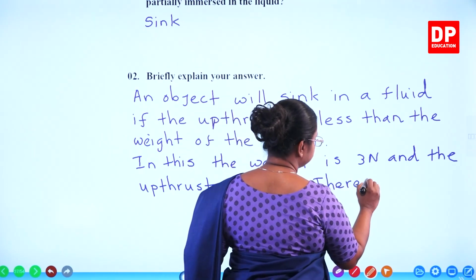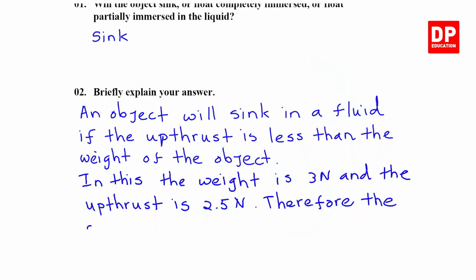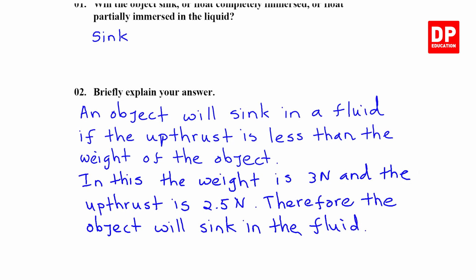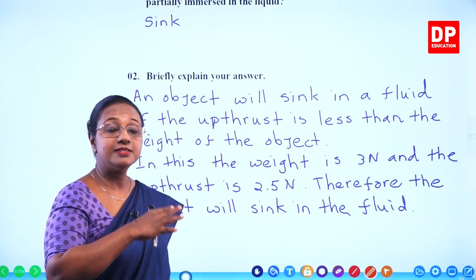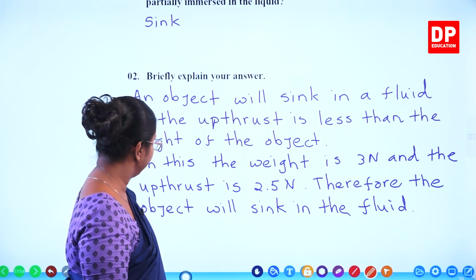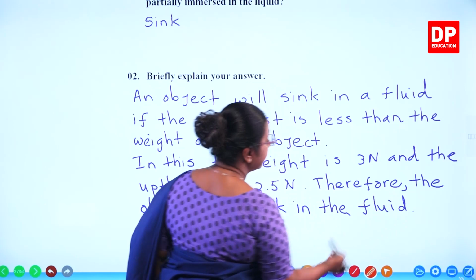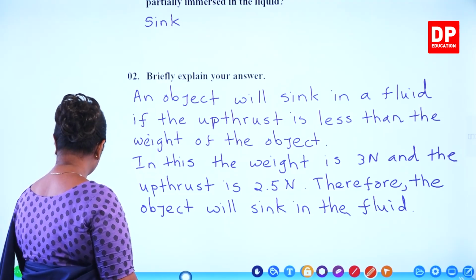Therefore, the object will sink in the fluid. So if we write that, that gives an explanation. Otherwise you can compare and write also. Weight is 3 Newton which is greater than the upthrust 2.5 Newton. Therefore the object will sink in the fluid. So that is how we can explain this observation. With that students, I will move on to the next slide.